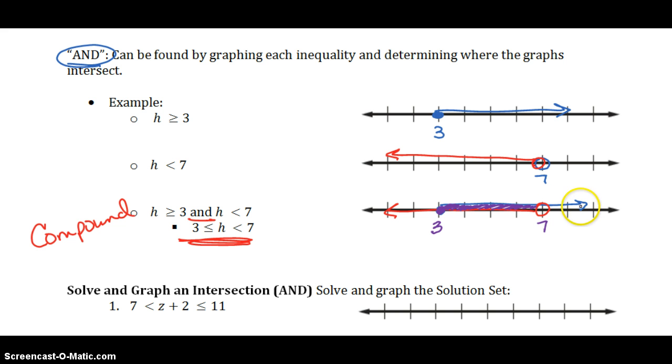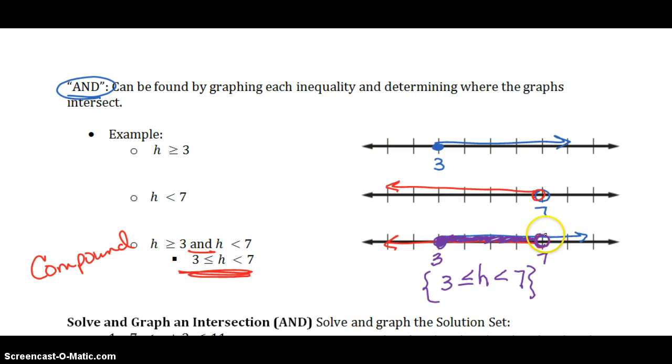Here the blue keeps going, and it even included 7, but the red did not. So this is how you would graph h greater than or equal to 3 and less than 7. Everything in purple is the graph of that compound inequality, the intersection.